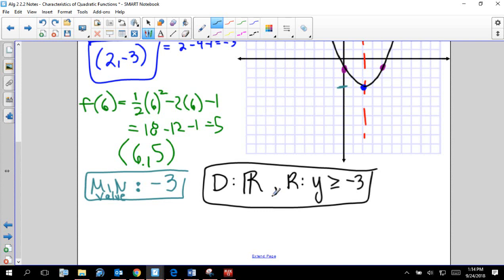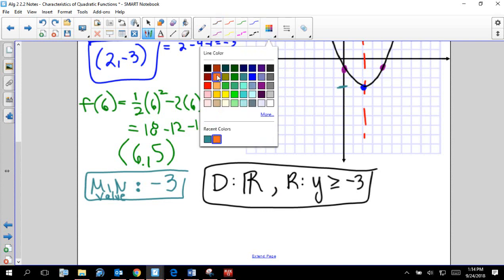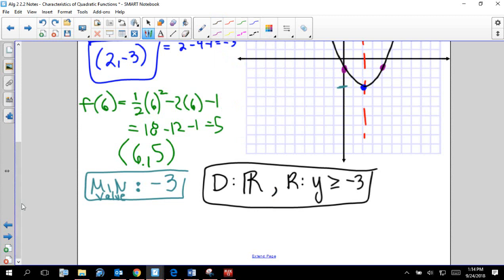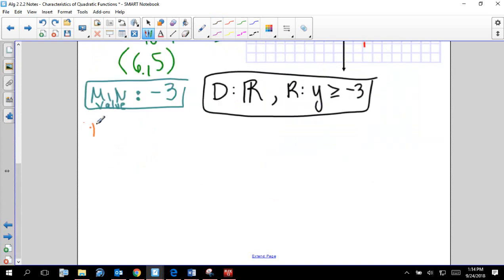Then we have our last thing, and it talks about increasing or decreasing. So does anybody like riding roller coasters? Yes? Okay.